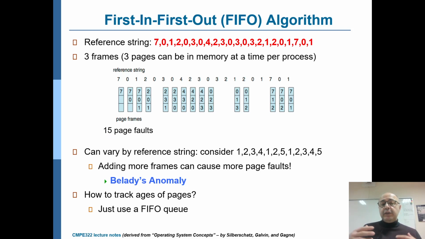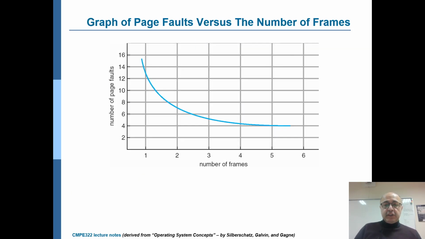As I said, if you change the reference string, the result would be different. So the basic idea, as we mentioned earlier, is as the number of frames increases, we would expect fewer page faults, right?